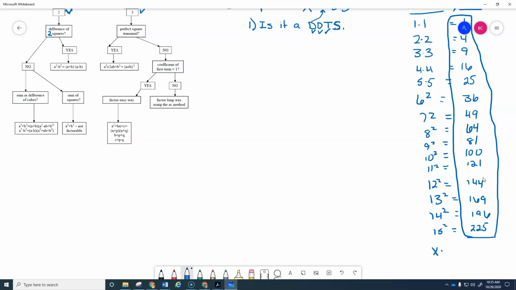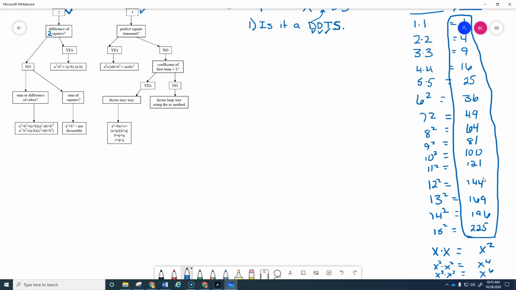Now, since this list is created by multiplying something times itself, we've got x squared, we've got x to the 4th, has to be a number that's multiplying times itself. So these right here are also perfect squares.